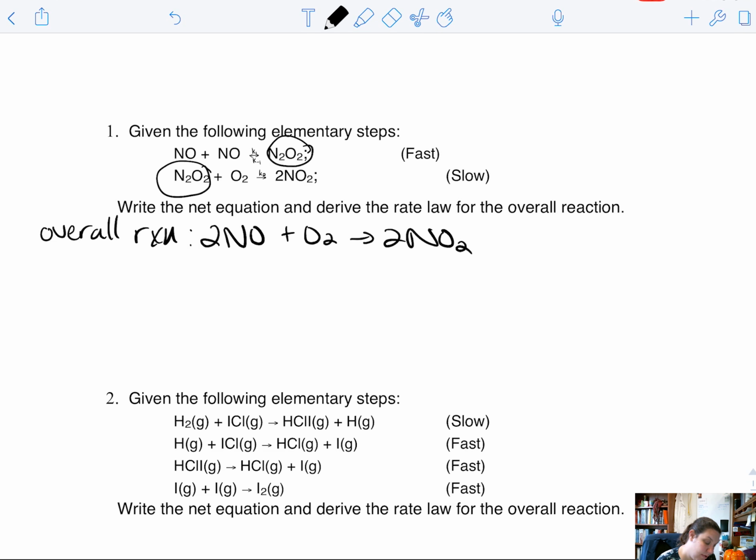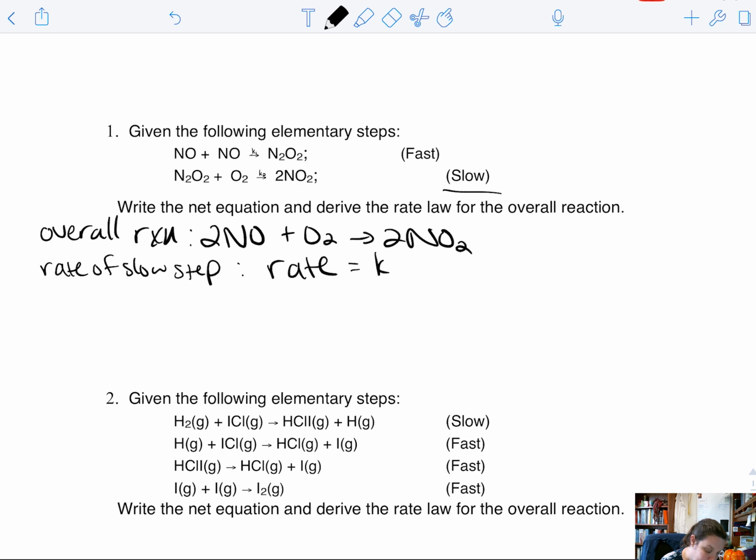And then when we write our rate law, we start with the rate of our slow step. So our slow step, the rate equals K2 N2O2 and then O2.